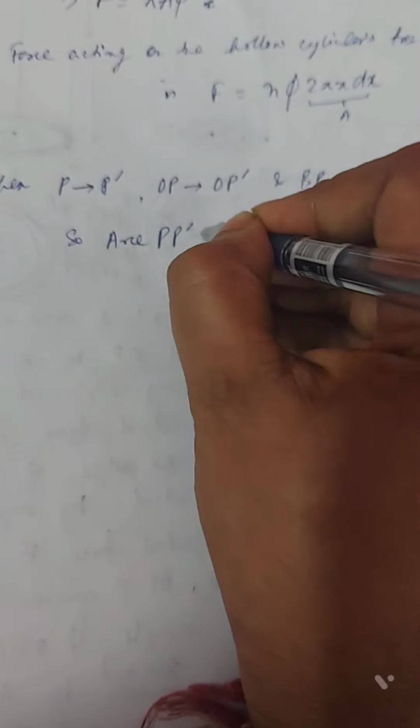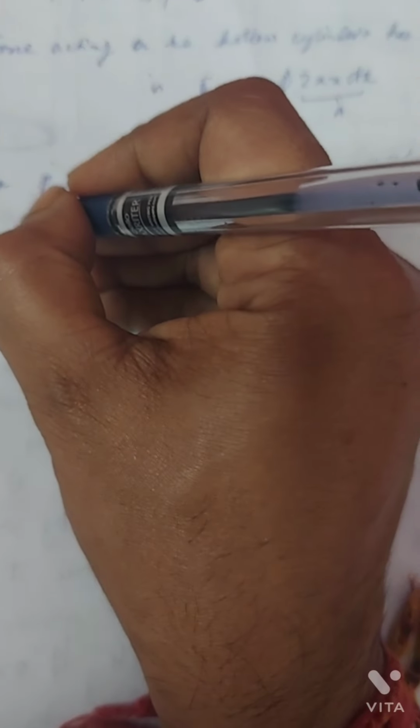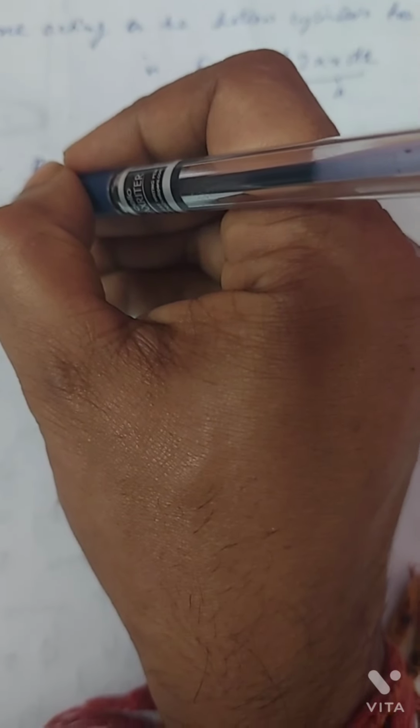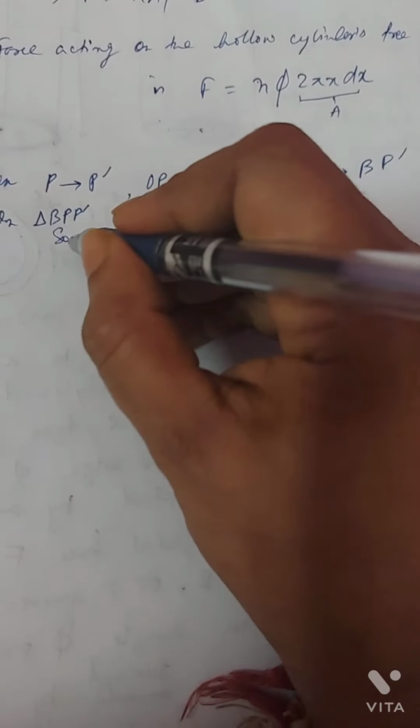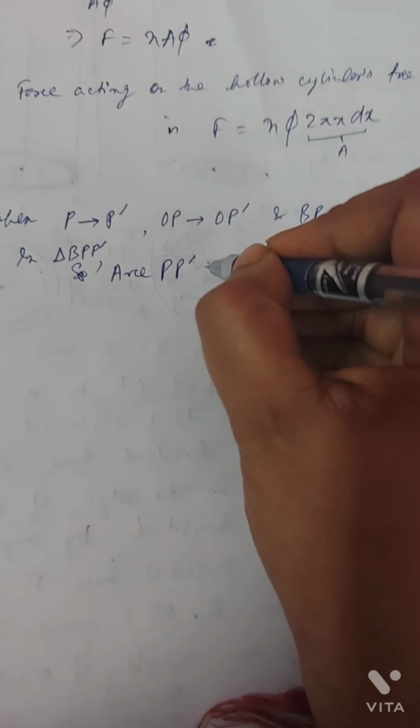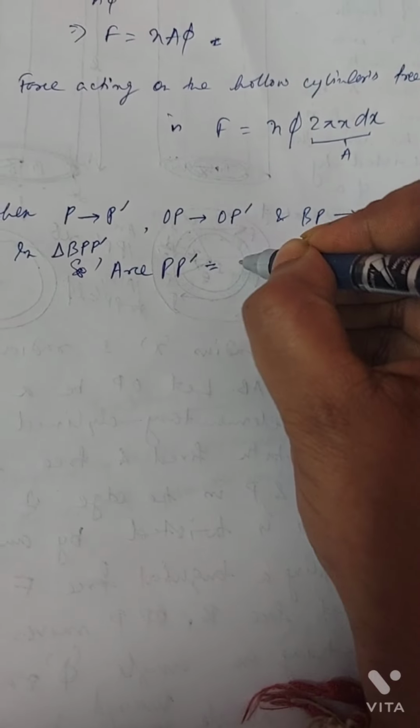Take triangle BPP dash: the arc PP dash is equal to x into theta.